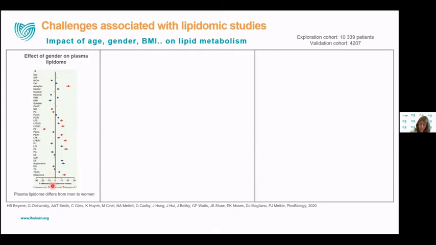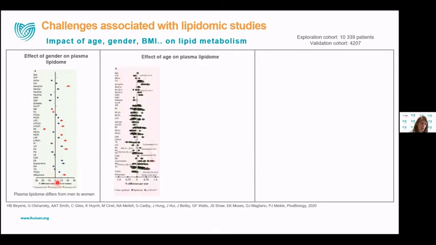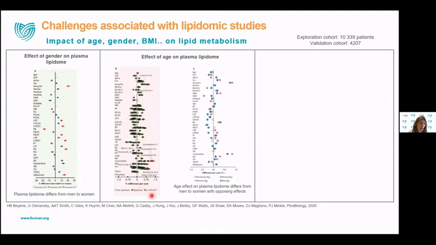He then looked at the age effects on the plasma lipidome, and again, all the colored dots here correspond to lipid species that are significantly altered per year of difference. Most interestingly, when you combine age and gender, you will see that the age effects differ from men to women, with sometimes opposing effects.